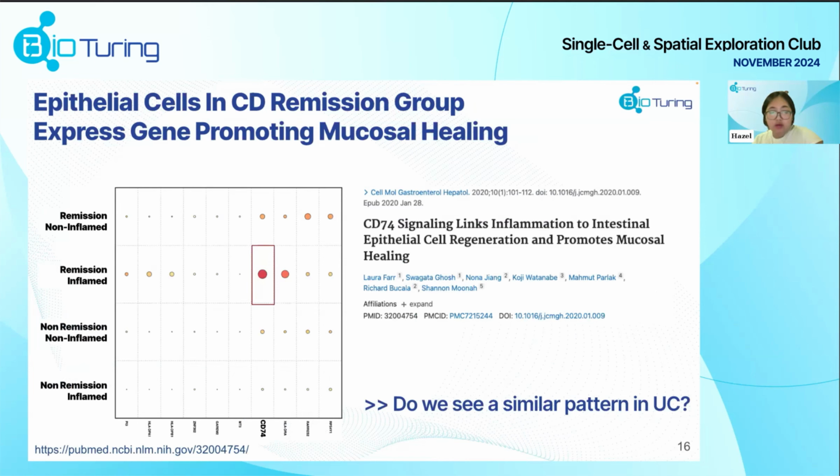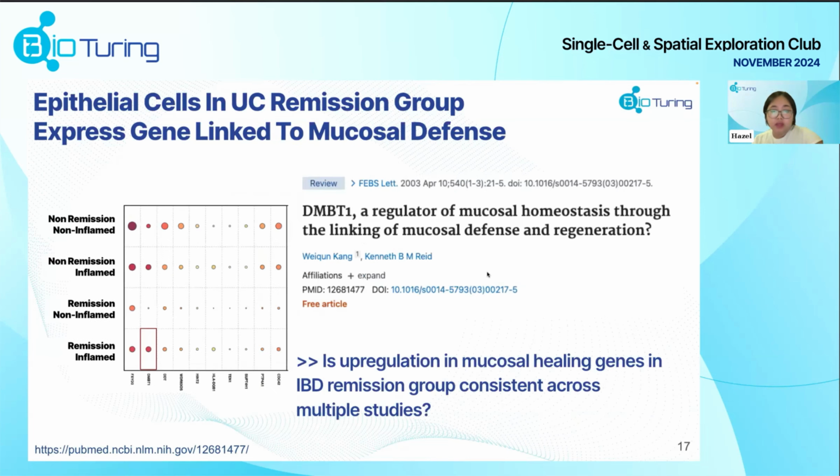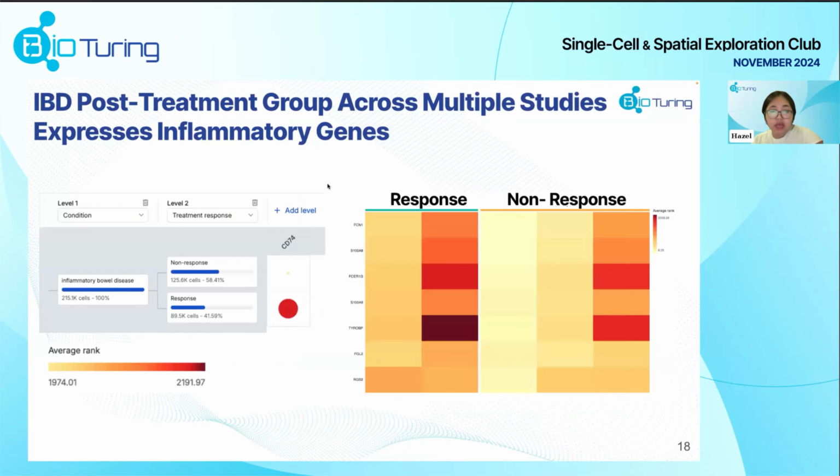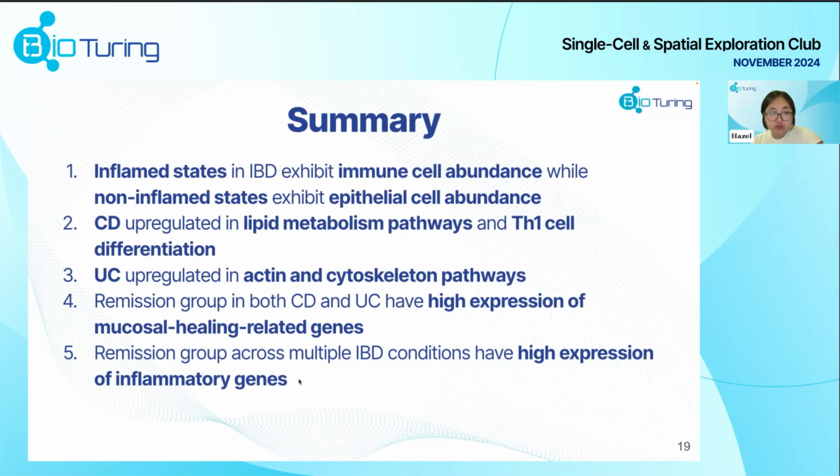Now we got one question from Nabi. How do you interpret point five? Why would there be high inflammatory gene expression in the remission group? Yeah, that's an interesting question to further do some analysis on.